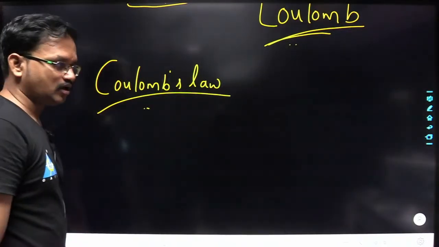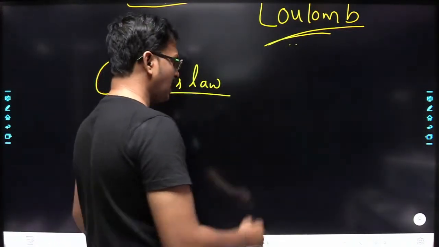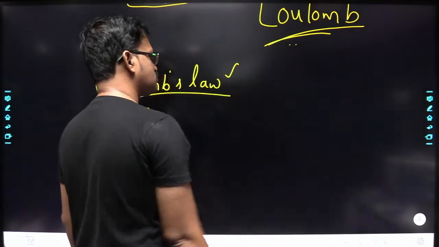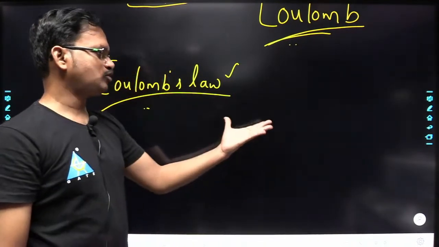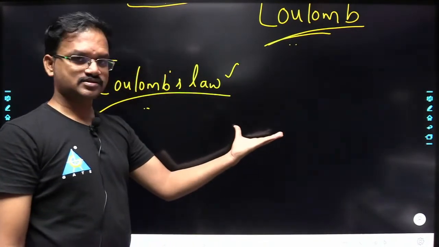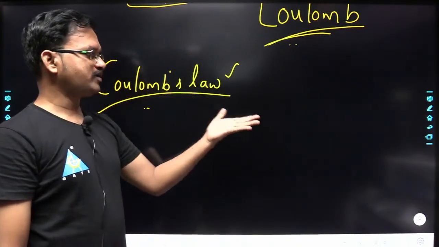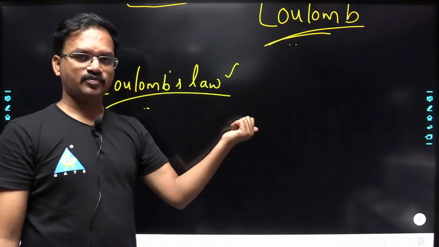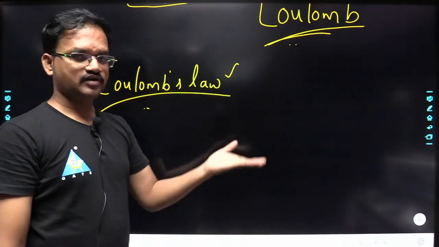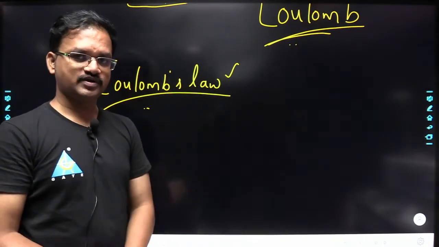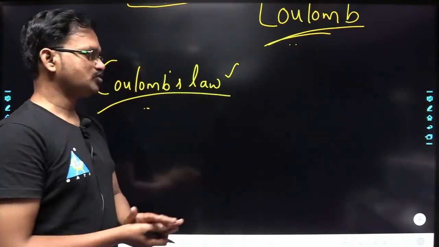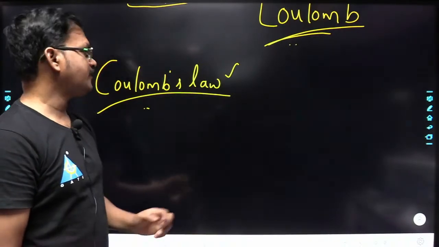I hope you know Coulomb's law very well. Whenever you have two point charges separated by some distance r, the force between them is directly proportional to the product of the charges and inversely proportional to the square of the distance between them.